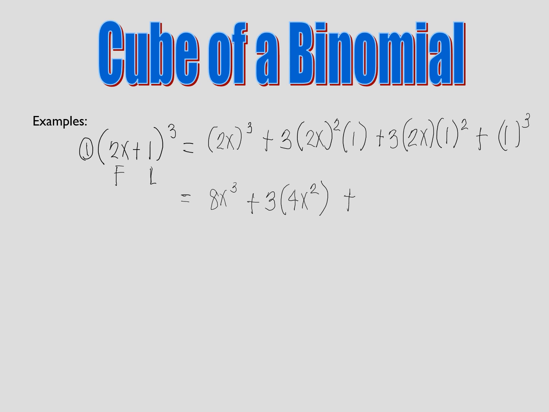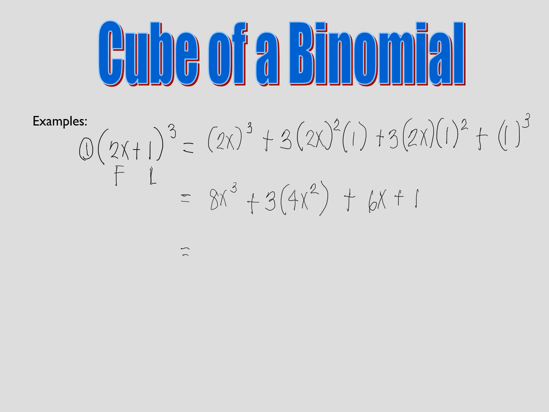Plus 3 times 2x is 6x. But we have here 1 squared, and 1 squared is just equal to 1. So 1 times 6x is 6x. And then we have 1 times 1 times 1, which is 1.